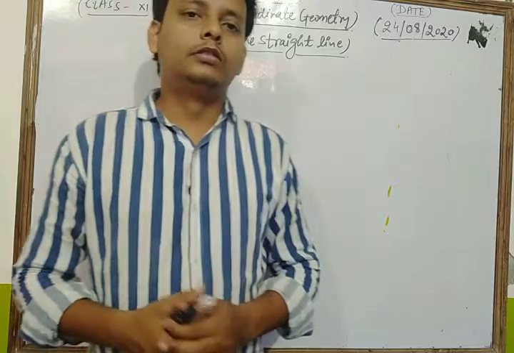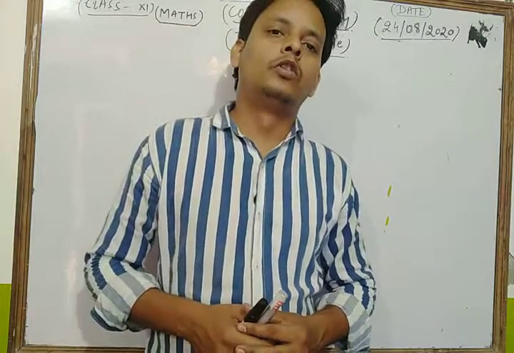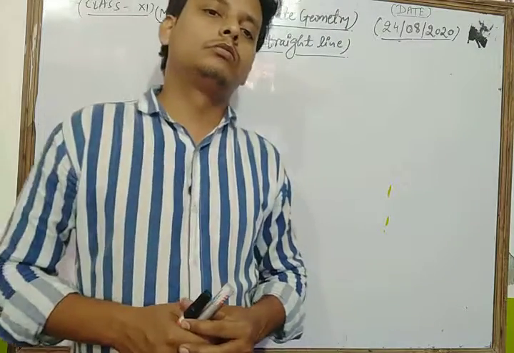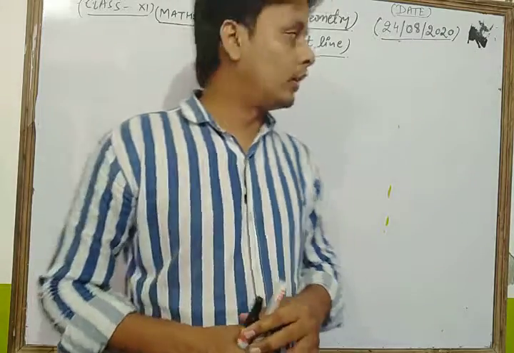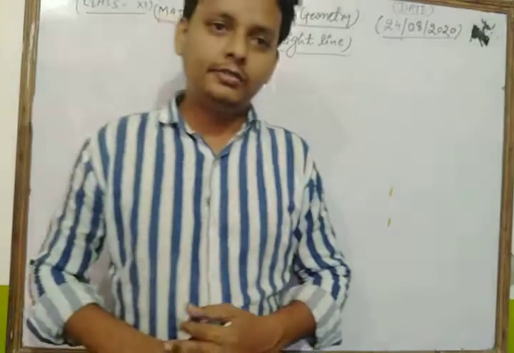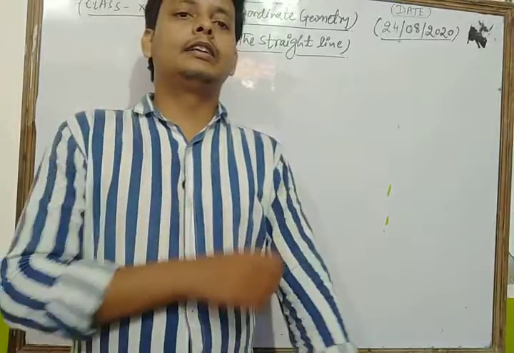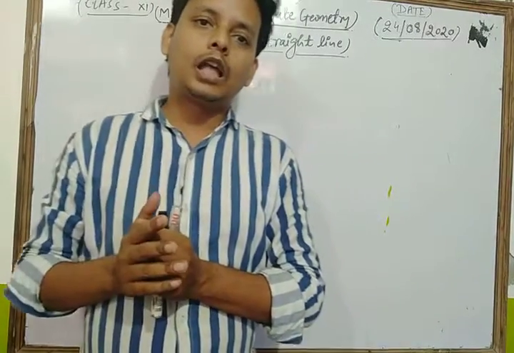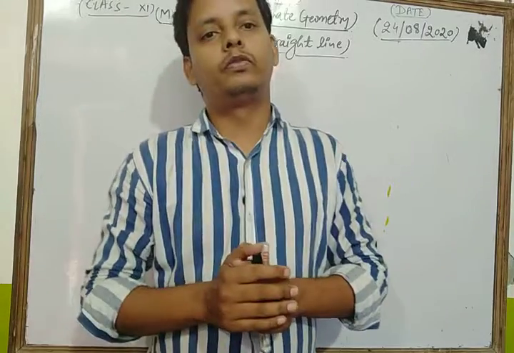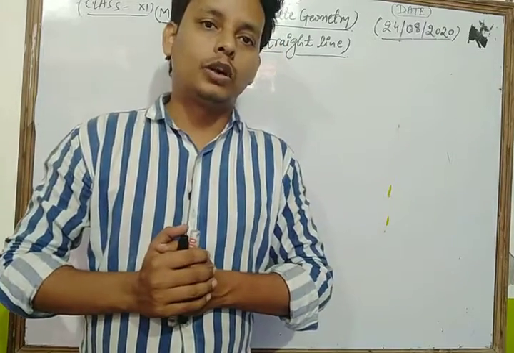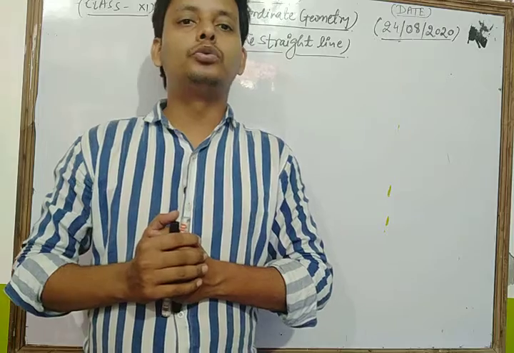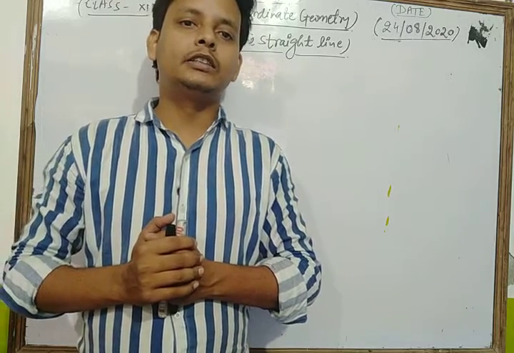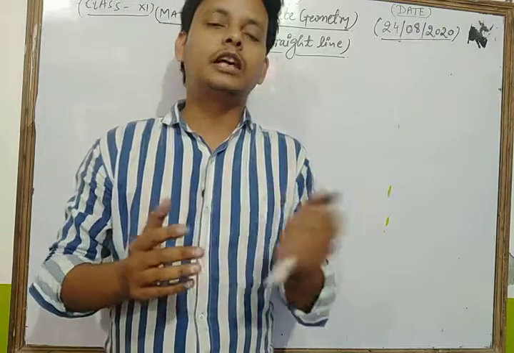Dear students, in the previous class we started your next unit, coordinate geometry, and we revised all the basic concepts of coordinate geometry which you already read in class 10.